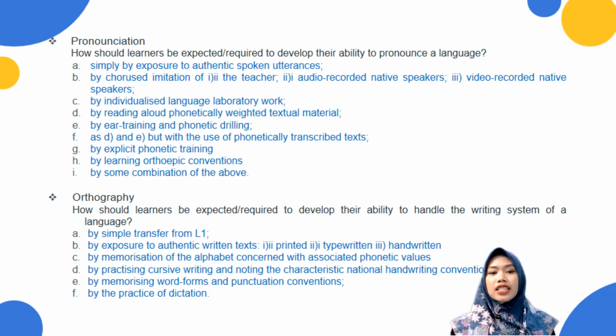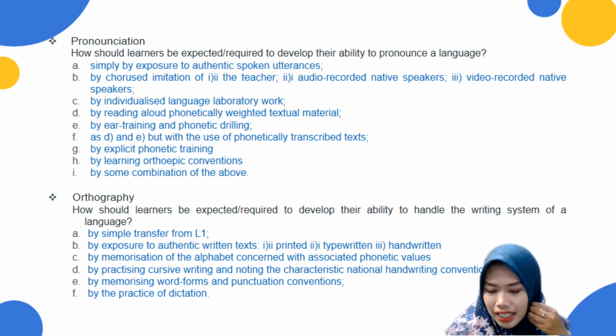And F is the same as the fourth point, and also the fifth point, but with the use of phonetically transcribed text. And then the next is by explicit phonetic training and by learning orthographic conventions. And the last is by some combination of the above.